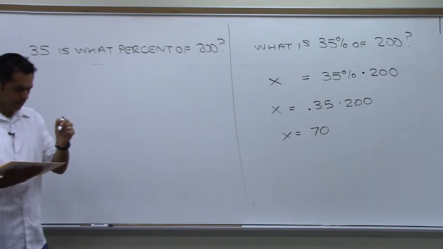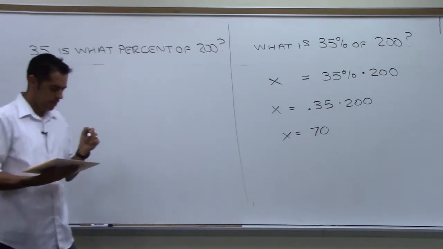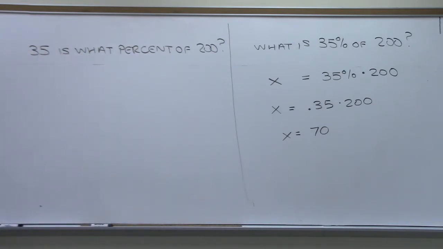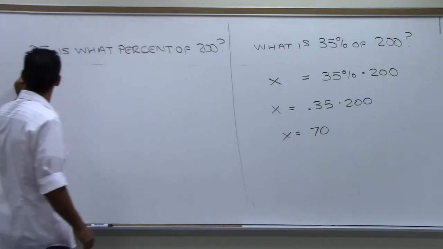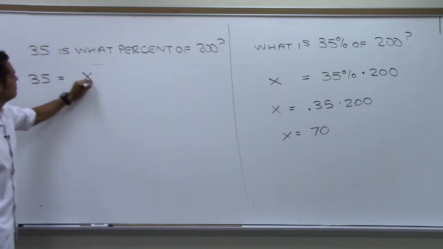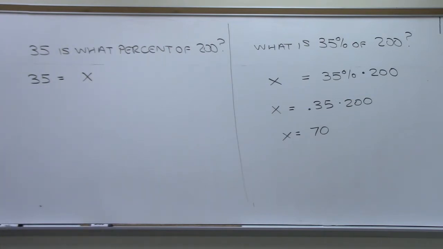Bianca. Okay, Bianca. Okay, it's 35 equals x percent times 200.